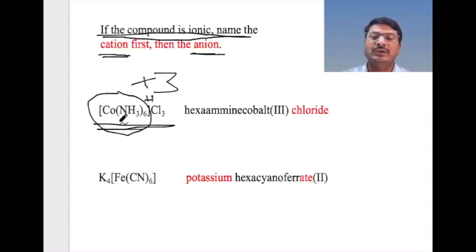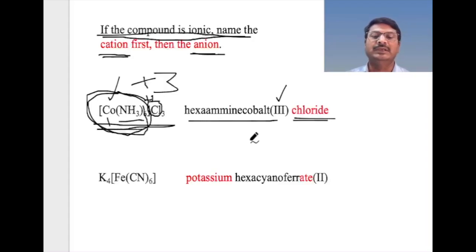Here a total of 6 ammonia molecules are there, hexaammine, and the central metal is cobalt. Hexaamminecobalt, the oxidation state of cobalt is 3, hexaamminecobalt(III), and the counter ion is chloride. So this is the total cation moiety, and this Cl is the anion. So hexaamminecobalt(III) chloride.